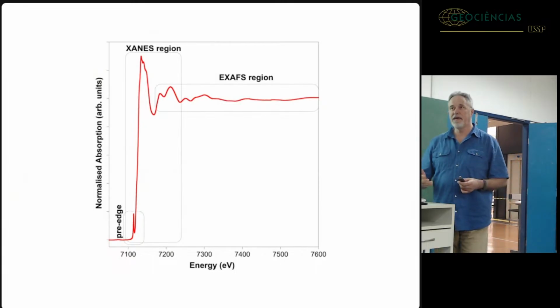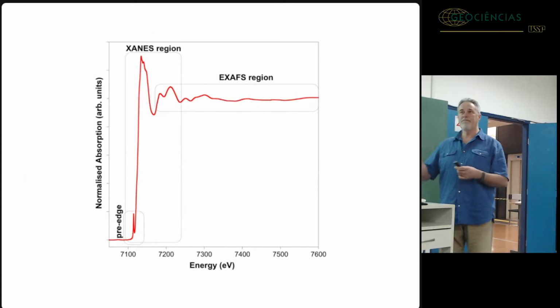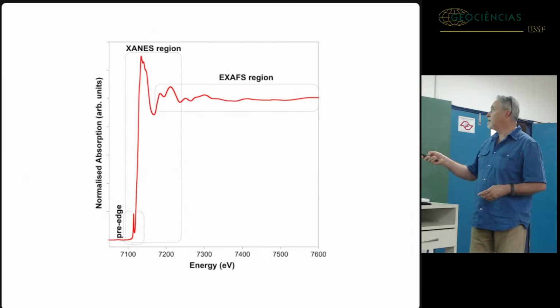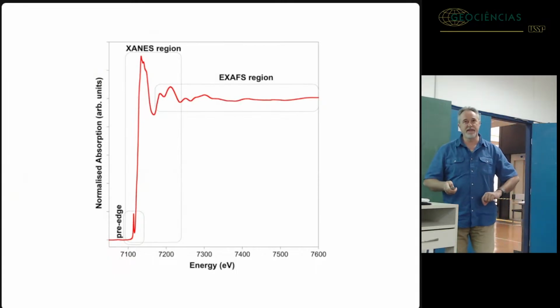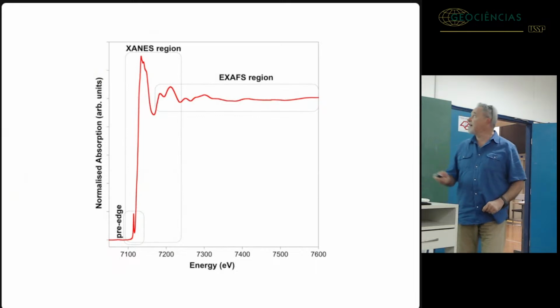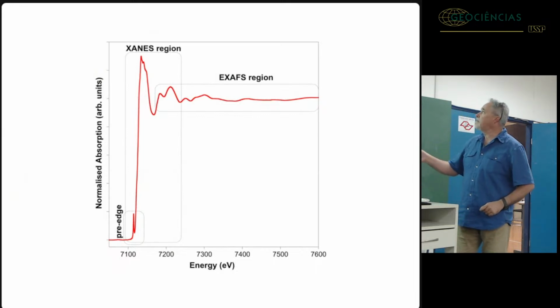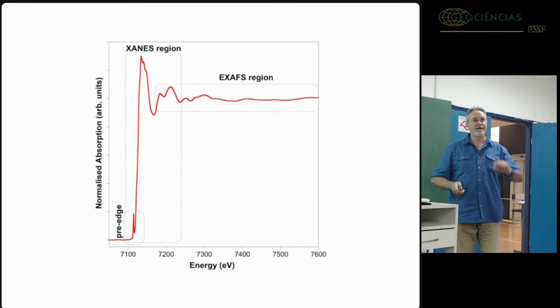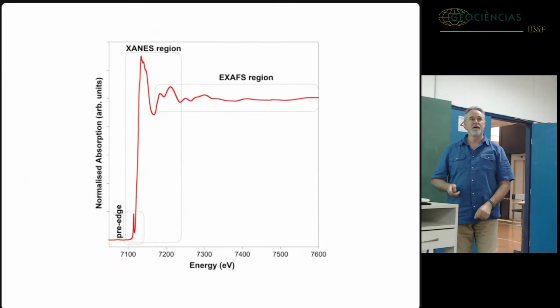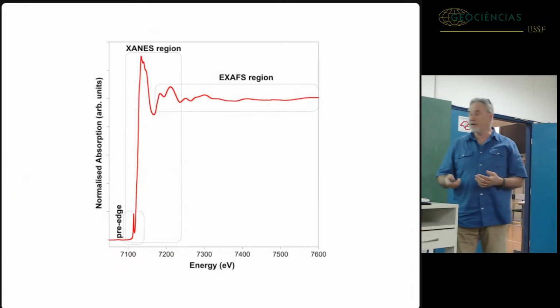So this electron behaves like a wave, which can be scattered by the neighboring atoms. In this region, the scattering goes from the photoabsorbing atom to one atom and back, which is called single scattering. In this region, it is like photoabsorbing atom, one atom, another, and back, with many possible different combinations.